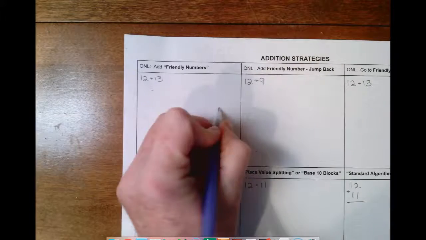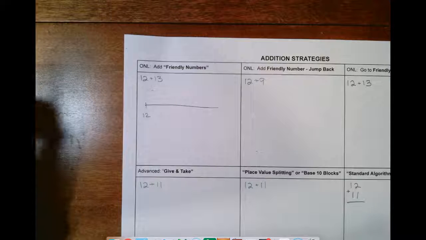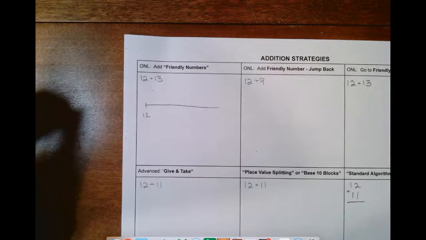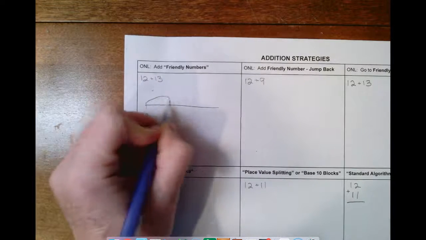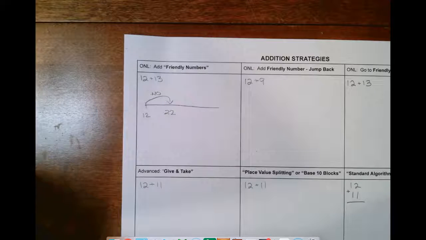So here we go. If we start at 12, if we're going to add friendly numbers, a friendly number is typically a multiple of 10. So we start at 12 and we want to add 13. So maybe we add 10. That's a friendly number, which gets us to 22. Okay. And we need to add 3 more.